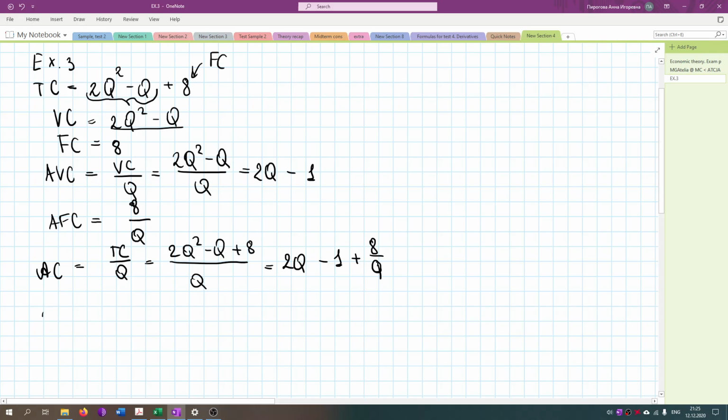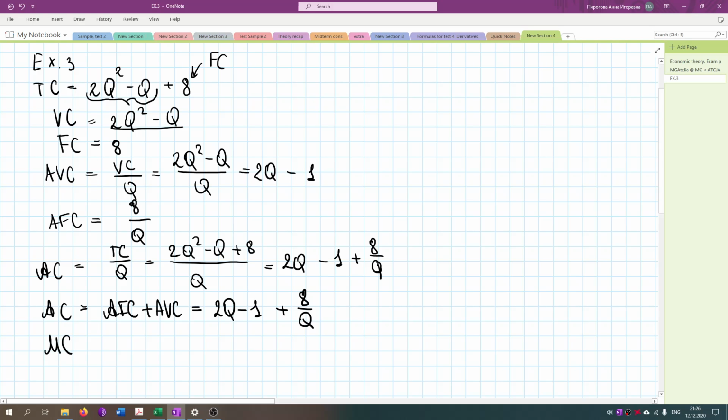And the second option is to use the formula: average cost is equal to average fixed cost plus average variable cost. So our average variable cost is equal to 2q minus 1, and our average fixed cost is equal to 8 divided by q. So we receive the same answers.